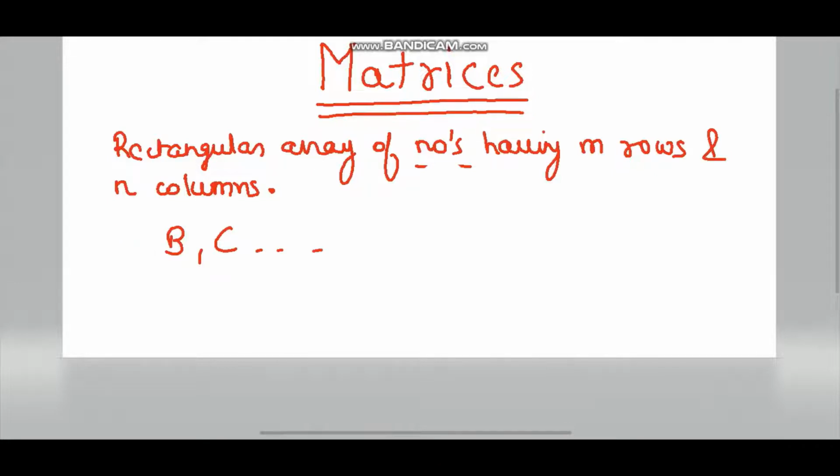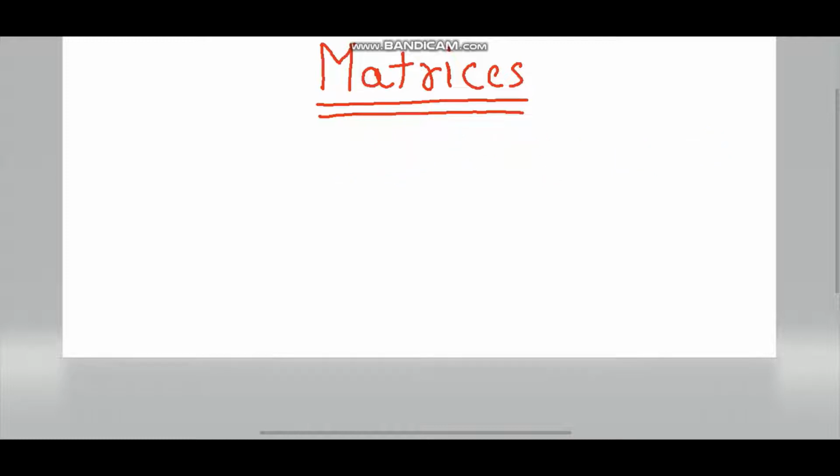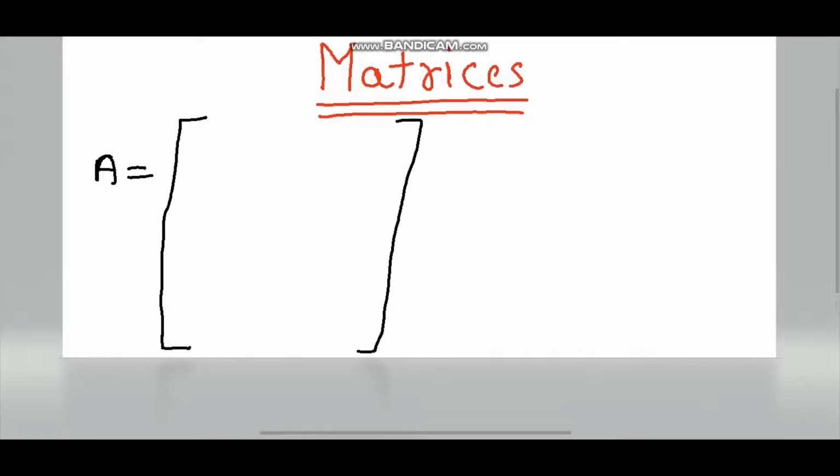Now let us take one example. Let us say A is equal to A11, A12, A13, and this goes up to A1n. Similarly, A21, A22, A23, this goes up to A2n.